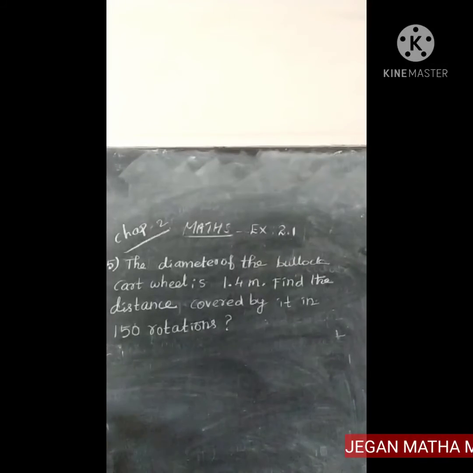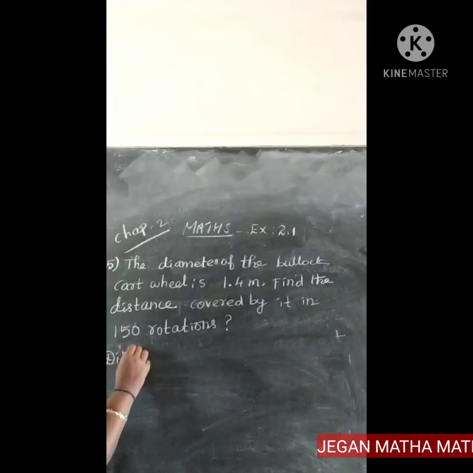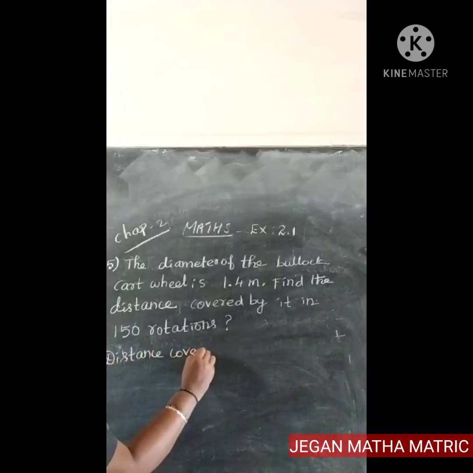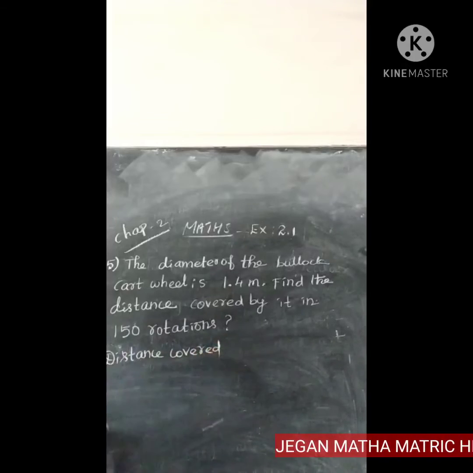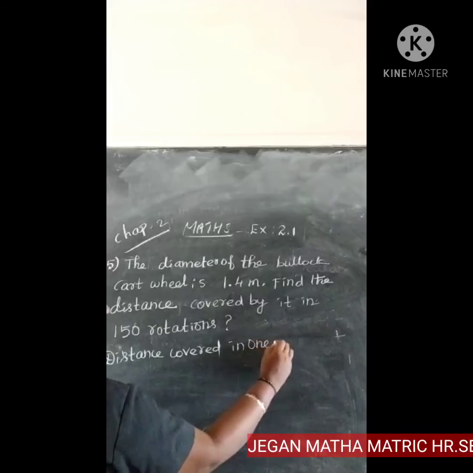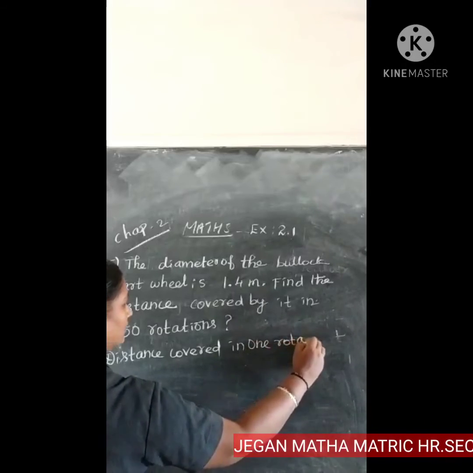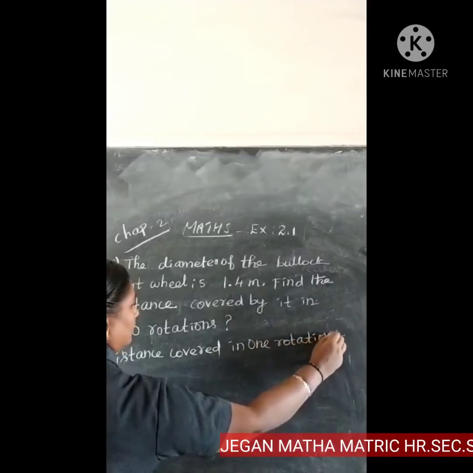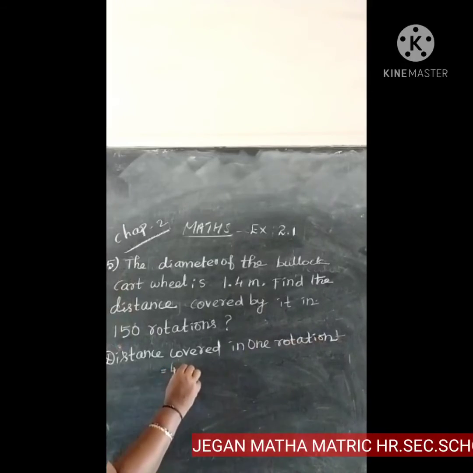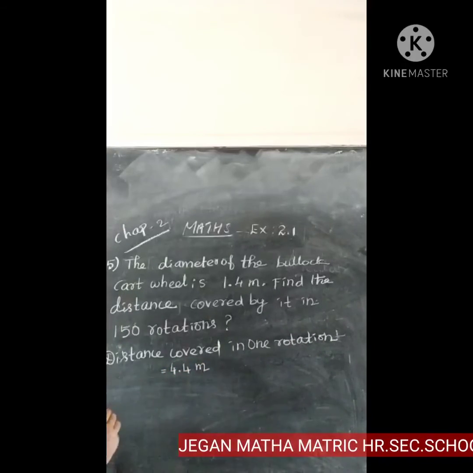So in this sum also we write distance covered in one rotation is equal to 4.4 meter.